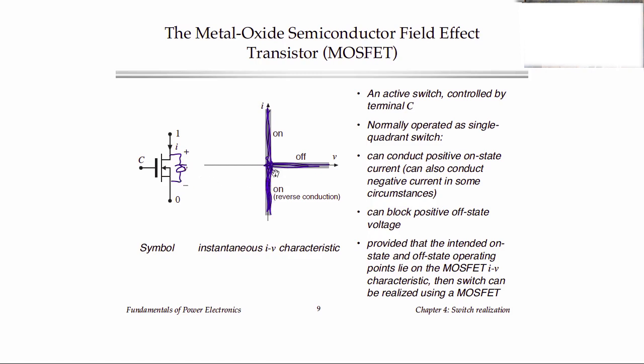So we have to be careful if we want to operate the MOSFET in the reverse direction. But there are significant applications today where we do that, and there are MOSFETs that are designed to have fast body diodes that can work like that. So the MOSFET is widely used as a single quadrant switch, just like the BJT and IGBT, and also there are some applications where it is used as a current bidirectional switch.